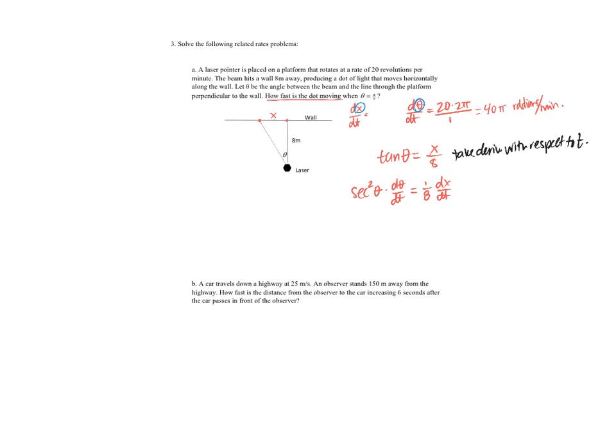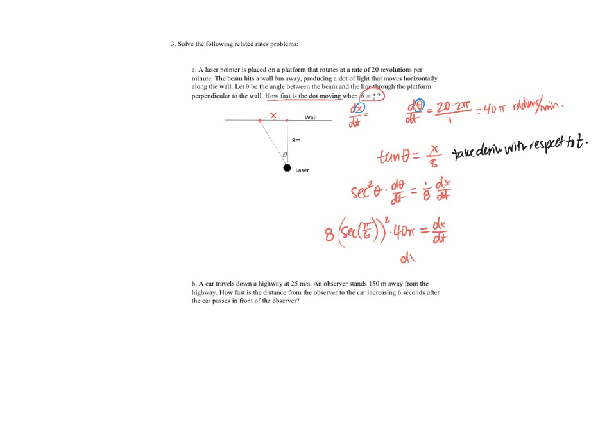And so now I'm ready to plug in the values that I know and solve for dx dt. I'm going to get secant squared of the theta that I was given, which was pi over 6, times d theta dt, which is 40 pi, is equal to, and I can multiply the 8 over, dx dt.